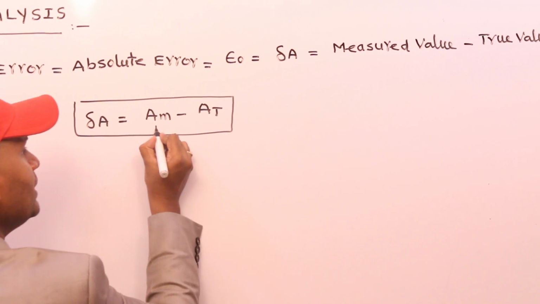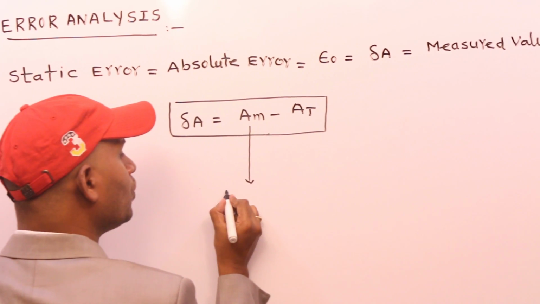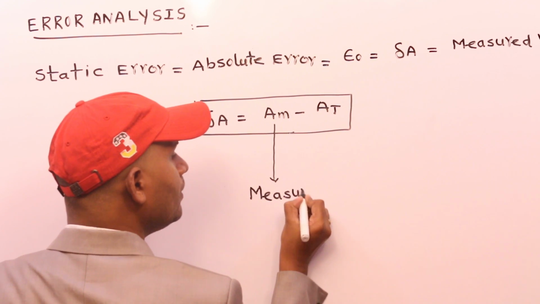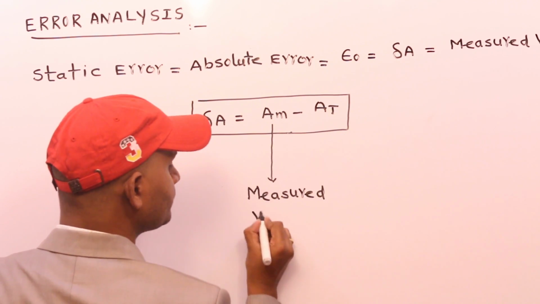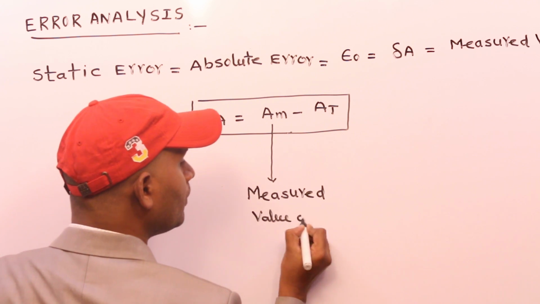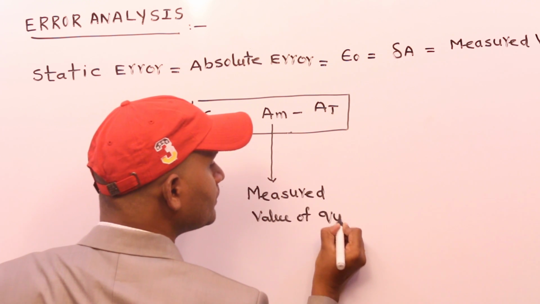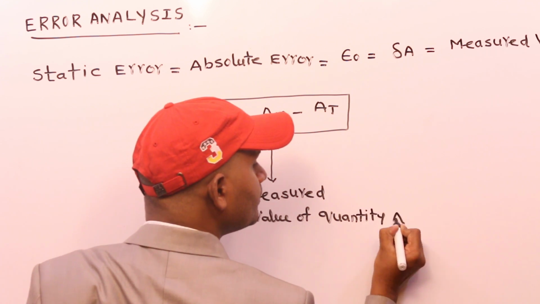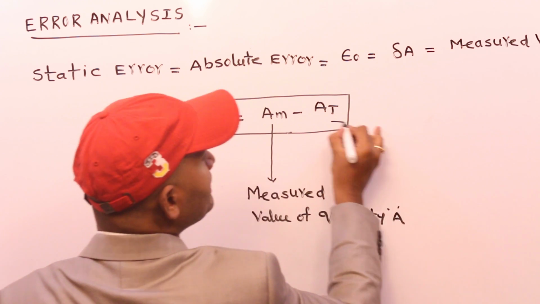where AM means measured value of quantity A. What is AT here?